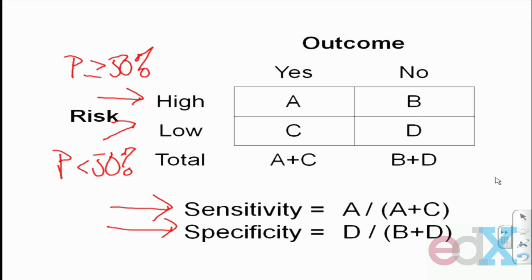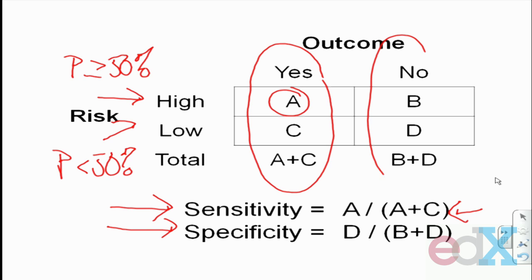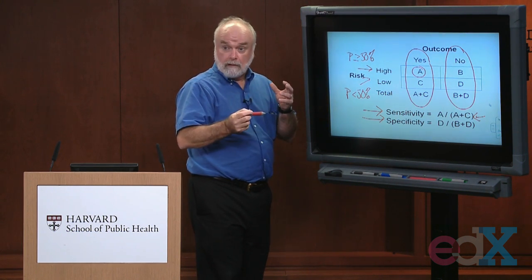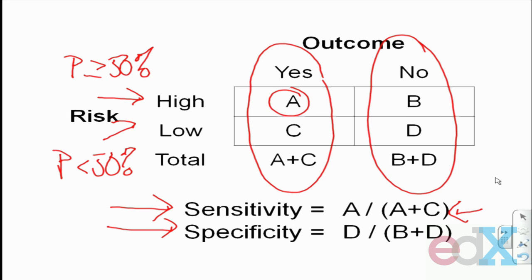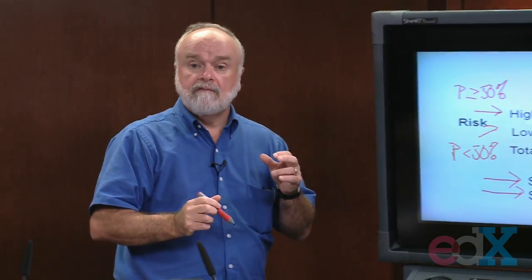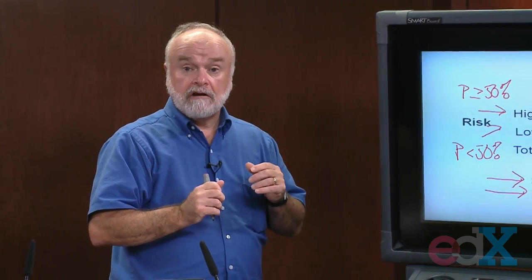Sensitivity was looking at everybody who actually had the disease, or in this case, has the outcome, and asking what proportion of those people are classified by the prediction rule, using the threshold I chose, as being high risk: A over A plus C. Specificity looks at people who don't have the outcome and looks at how many, proportionally, are classified as low risk: D over B plus D. So once I choose a threshold, I can calculate a sensitivity and a specificity for that threshold.